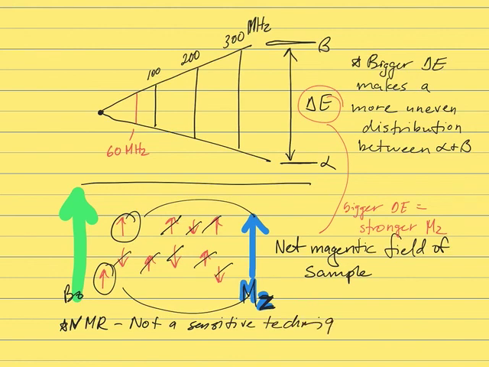Increasing the external magnetic field can make it more sensitive, but even in a 500 megahertz instrument, it's still going to have limited sensitivity, and it's not going to be very good for dilute or tiny samples.